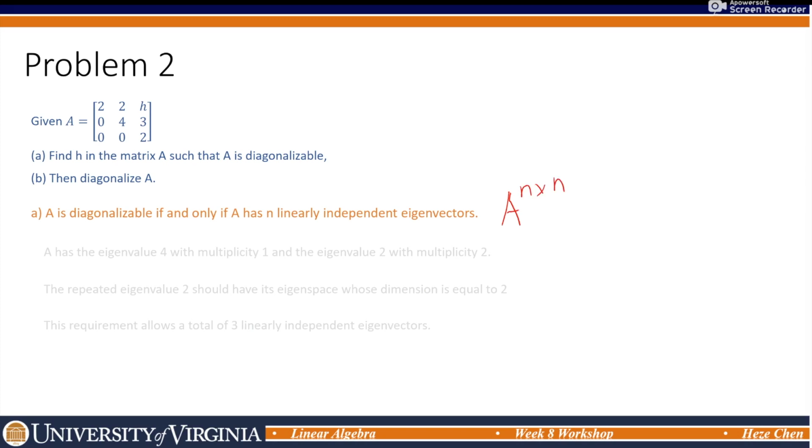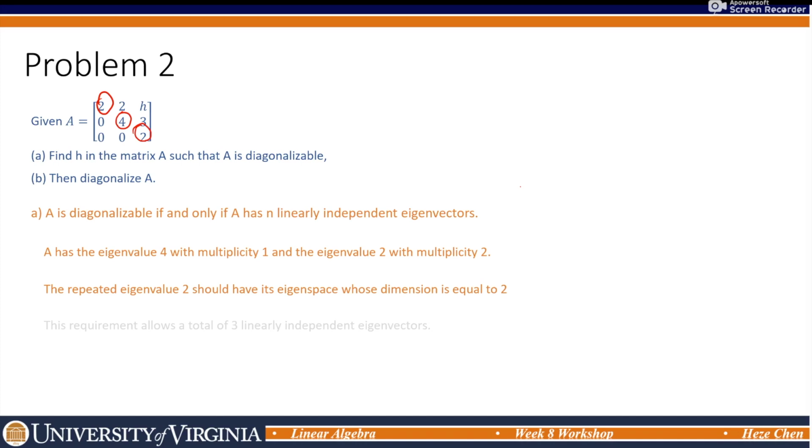Since A is a triangular matrix with diagonal elements 2, 4, and 2, A has the eigenvalue 4 with multiplicity of 1 and the eigenvalue 2 with multiplicity of 2.